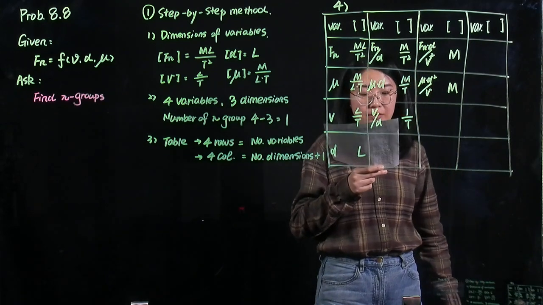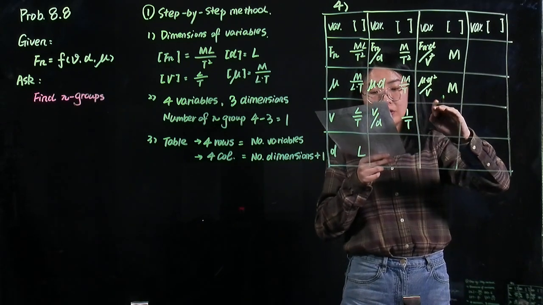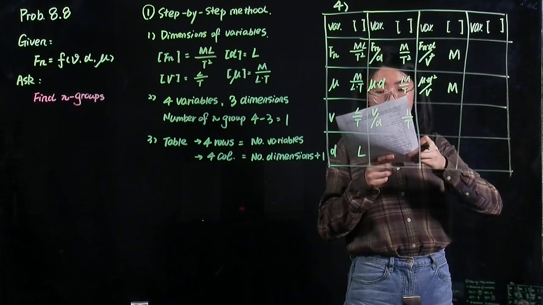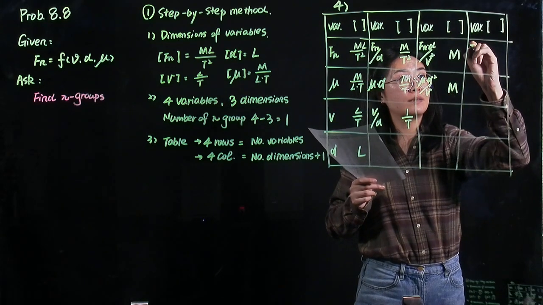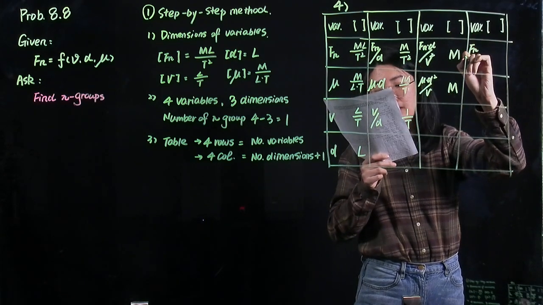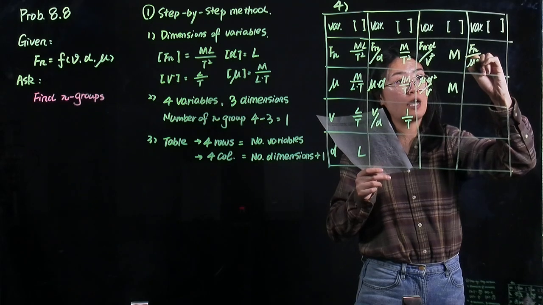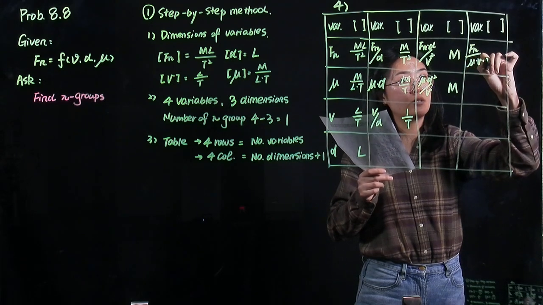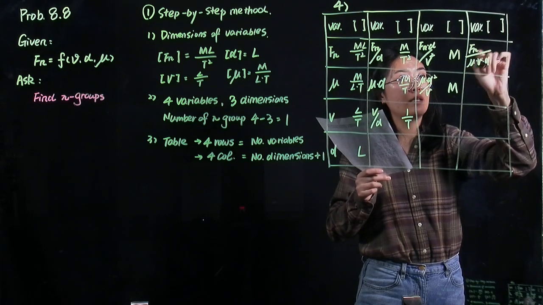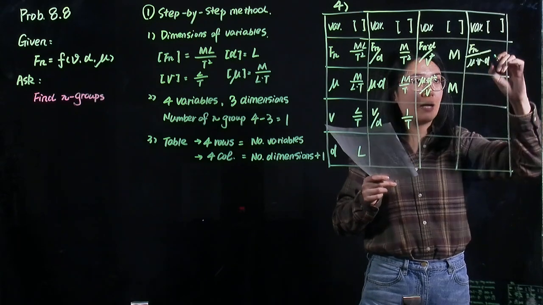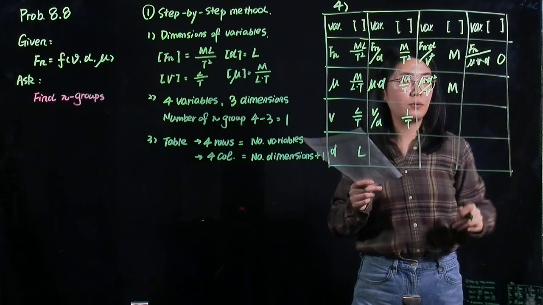And then in the end, we use this one to eliminate M. Therefore, we can get Fd divided by mu times V times D. This part is dimensionless, so we put a 0 here.